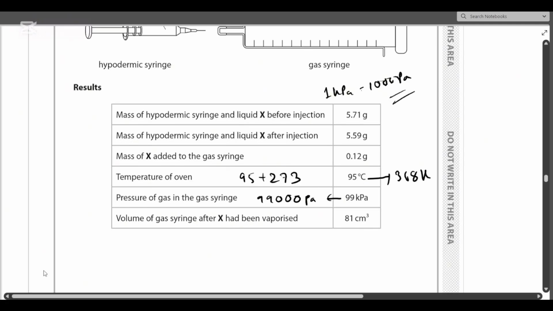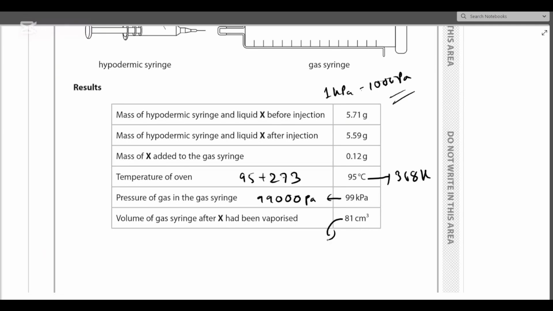The next thing we need to do is convert the volume right here to the SI unit meter cube. In order to do that, all you need to do is divide 81 with obviously 10 to the power 6.